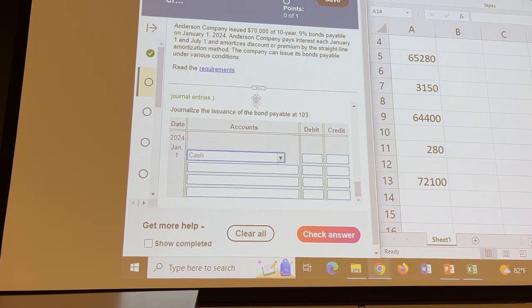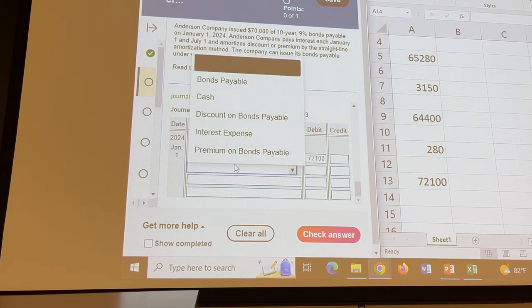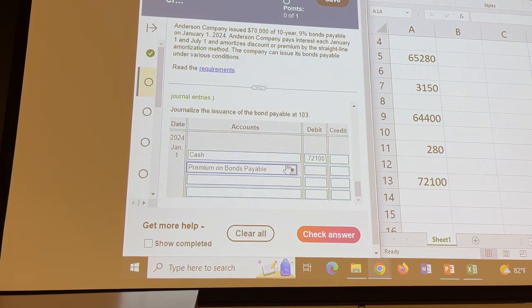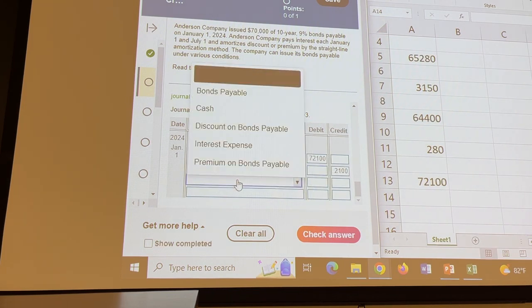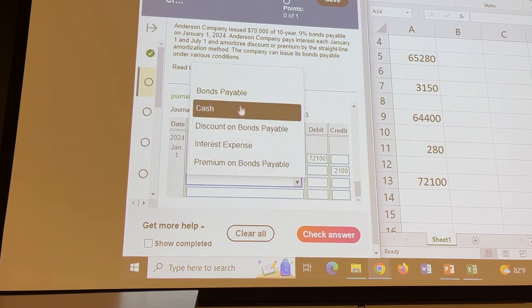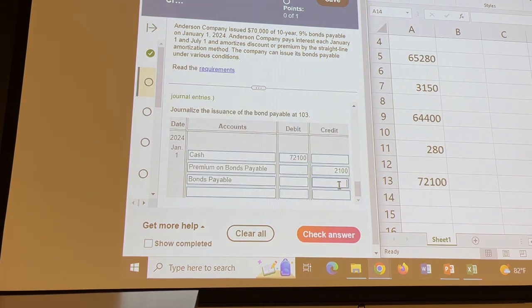So we'll debit cash, $72,100. And then there'll be two accounts that we credit. So one of them will be premium on bonds payable, so that's gonna be $2,100. And the other one will be bonds payable, and that's gonna be the $70,000.